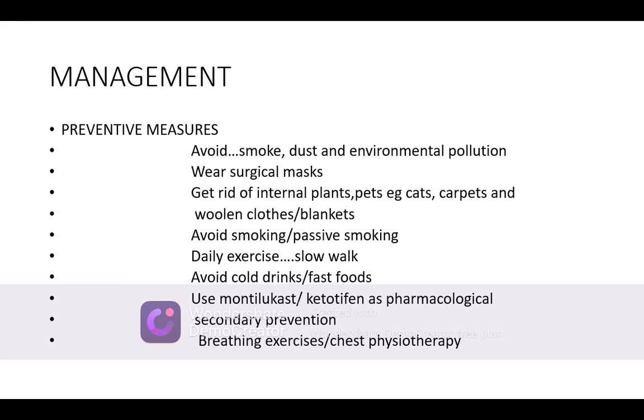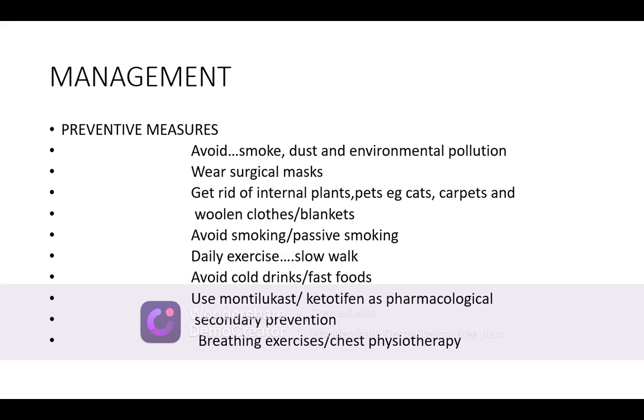The management, the preventive measures: yes, of course, avoid smoke, dust, and environmental pollution. Wear surgical masks, get rid of indoor plants, pets, for example cats, carpets, woolen clothes, blankets.